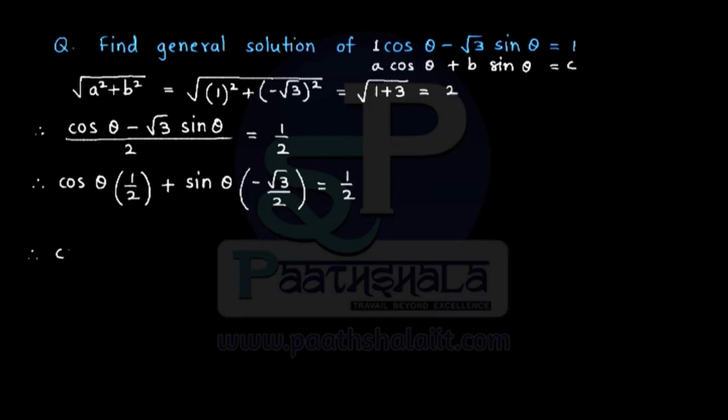Now if you remember the term that is attached with cos theta, we have to write that as cos of some angle, but that angle should be such that the sine of that angle should be equal to minus root 3 by 2. So cos has to be 1 by 2 and sine has to be minus root 3 by 2. Now which is that angle?